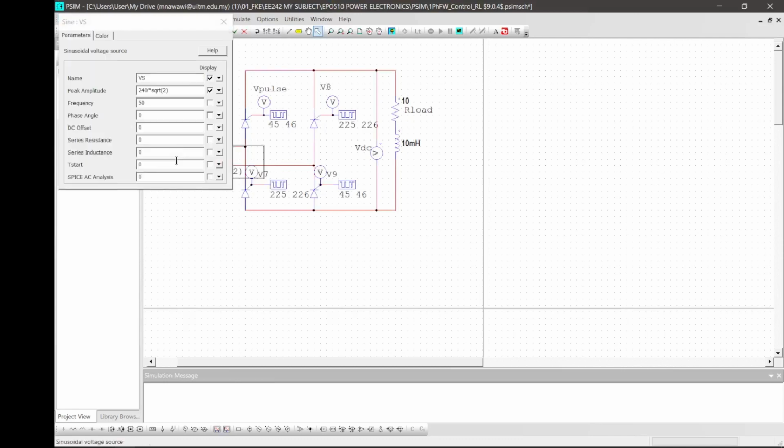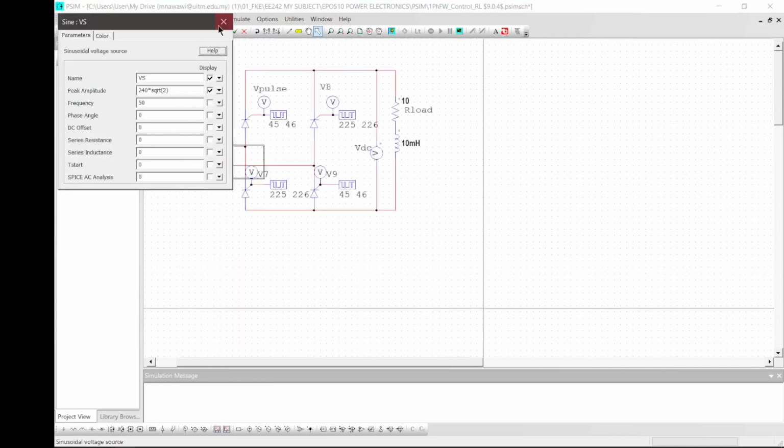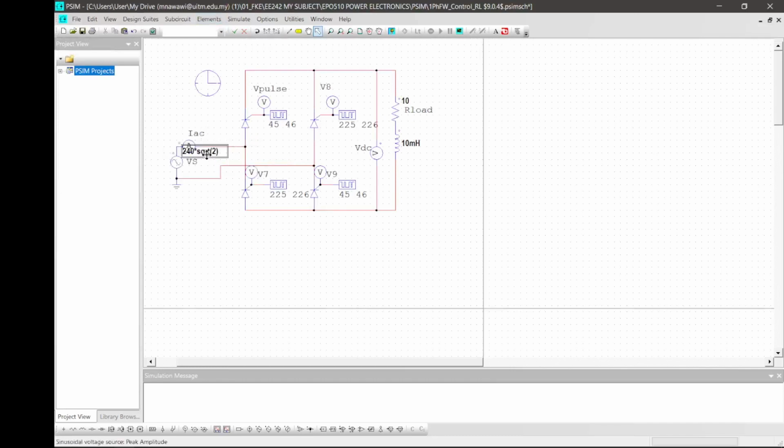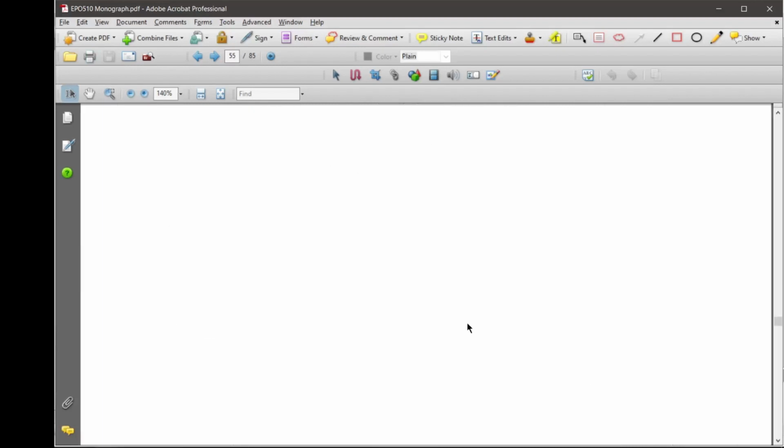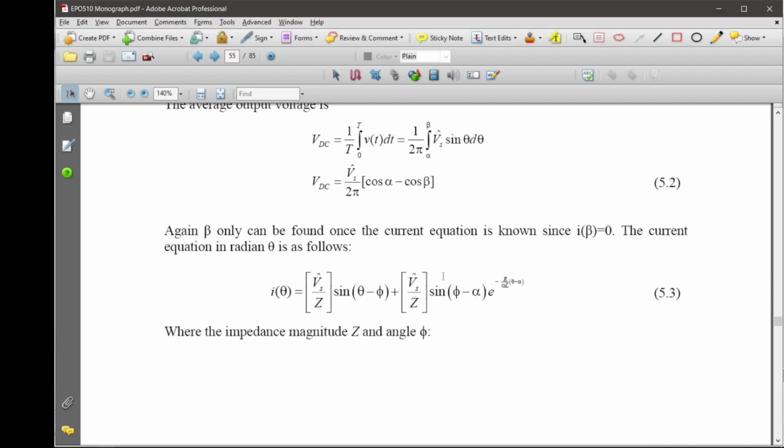Okay, so this is your condition. Let's say we have this circuit. We want to find out whether this circuit falls under continuous current operation or discontinuous current operation. In order to do that, we have this equation. So we need to find the beta using that equation. In this case, we know that alpha can be found.